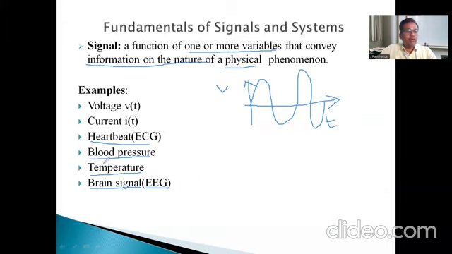In a similar manner, if I measure the current, which depends on time, that is called a current signal, I. In a similar way, the heartbeat, the ECG signal, the heartbeat of a particular person with respect to time, blood pressure of a particular person with respect to time, temperature of the environment with respect to time, measurement of brain signals from different locations of the brain, which gives EEG with respect to time.